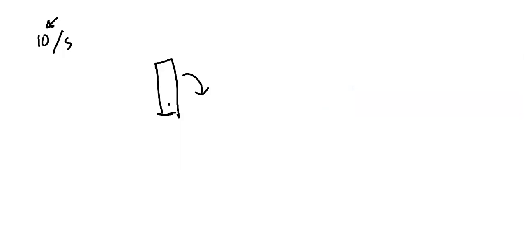This is our original, and this is the picture seen by the camera image. Camera image means a video. I want to video this motion of the stick. At the very beginning, it will capture this.